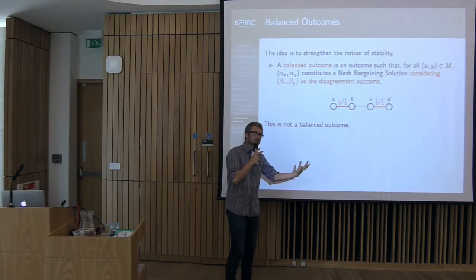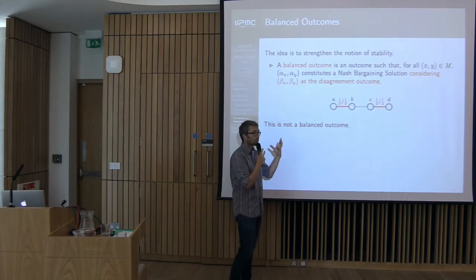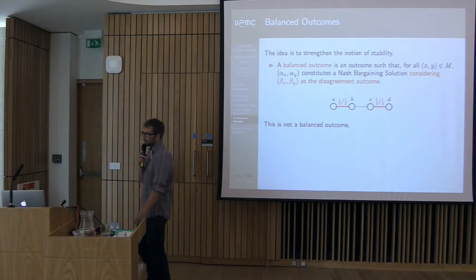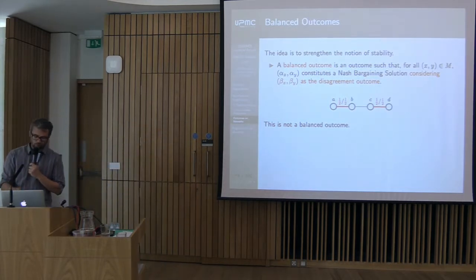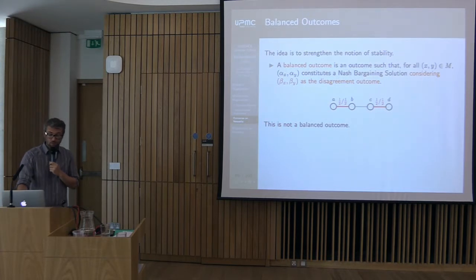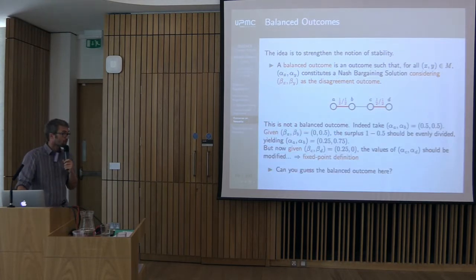So you take the alternative as being the conflict point and you compute the Nash bargaining solution with respect to that conflict point, sorry. So that's interesting, but it's not so easy to compute actually, and it's a fixed point definition, and you get into something that is, in terms of algorithm, not so simple to compute.